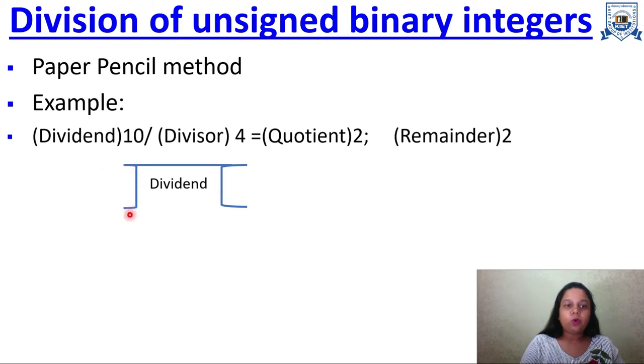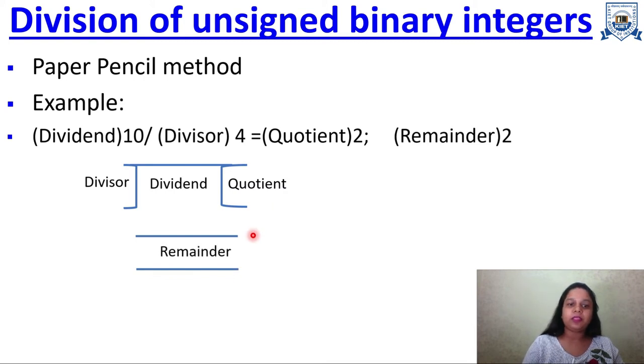Now we need to draw something like this, and we will write the dividend here. What is the dividend? This value, 10. Next we will write the divisor over here. What is the divisor? The divisor is the denominator, that is 4. Then the quotient will come here, and the remainder will be what remains here.